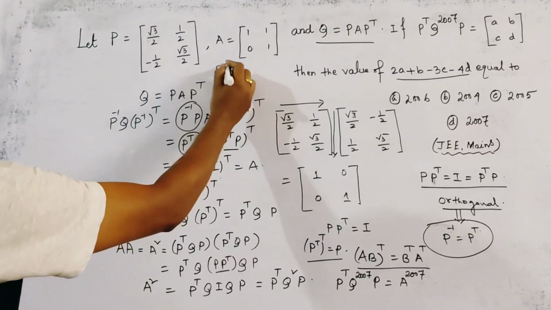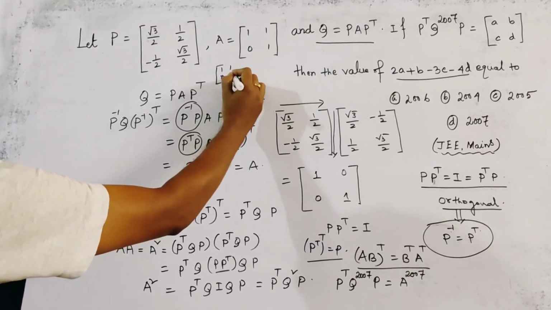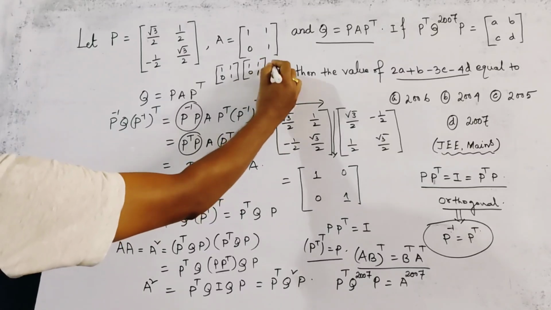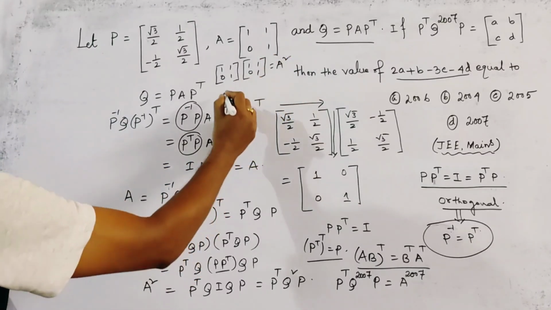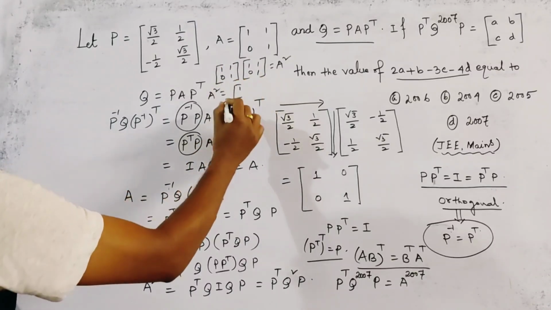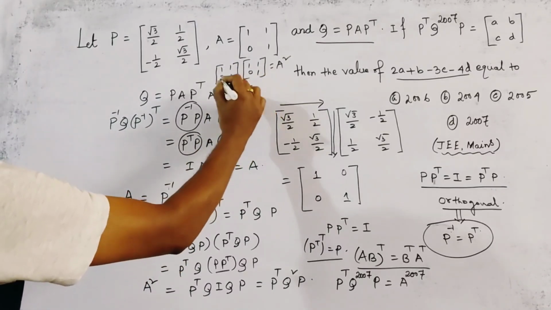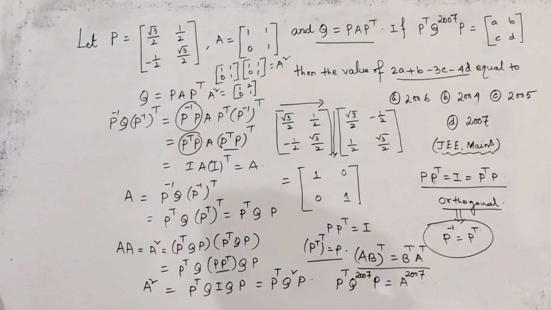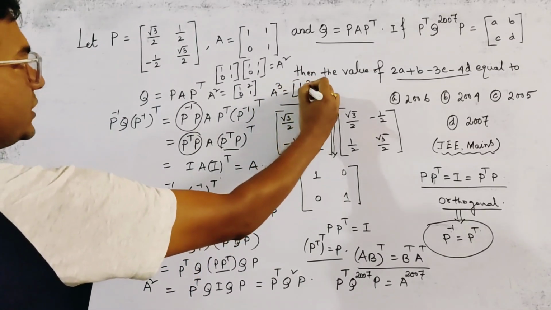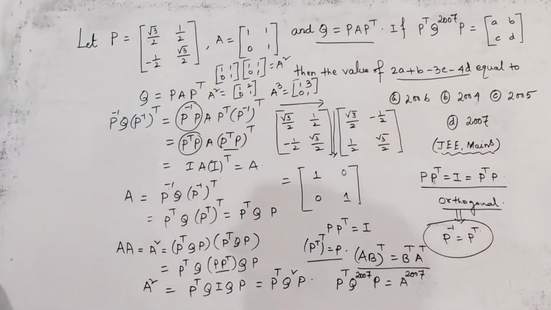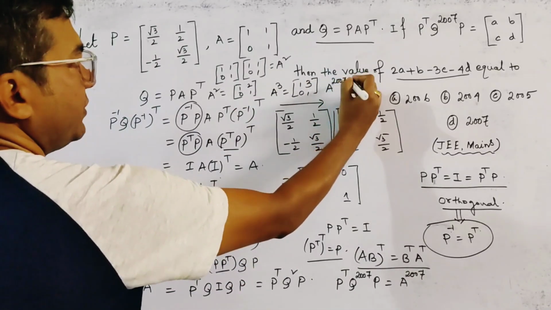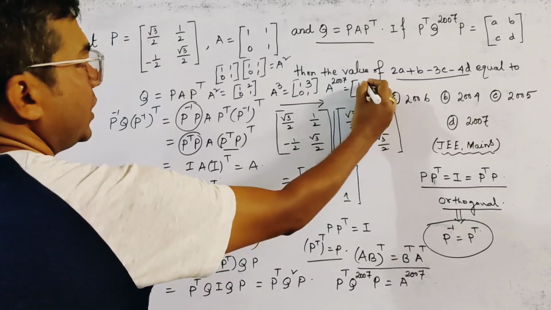If we multiply 1 1, 0 1 with again 1 1, 0 1, that is, we find A square, then we get A square equals 1, 2, 0, 1. Similarly, if we find the value of A cube, then we get 1, 3, 0, 1.